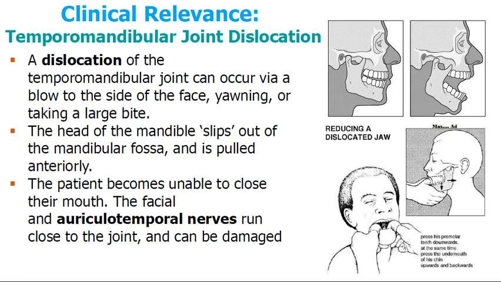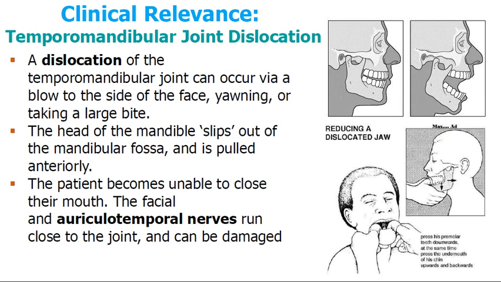This will cause a movement of the head of the mandible outside of the mandibular fossa, moved out like this right here. So here the head of the mandible is outside the joint limitation. The head slips outside, and this is called the anterior dislocation of the TM joint.